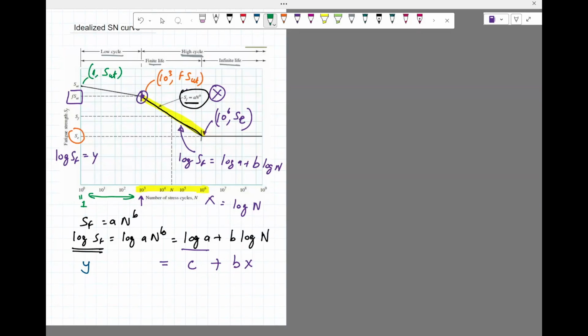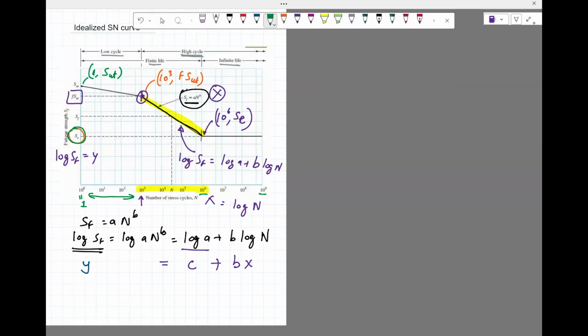If it's 10 raised to 6 to 10 raised to 9, it's never going to fail. So for that region, you only care about one number, SE. If the strength is greater than SE, then it's never going to fail. If it's lower than SE, then you have to look at this curve.